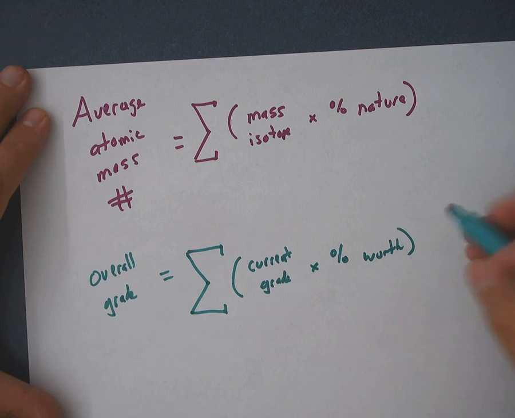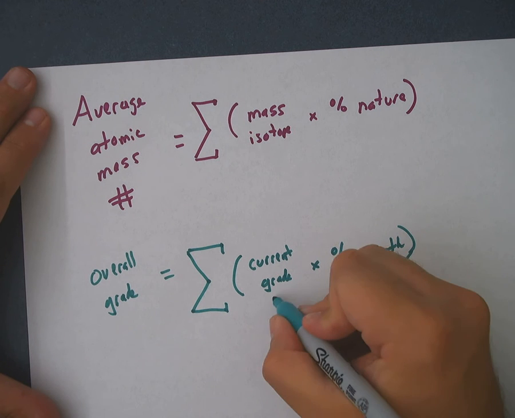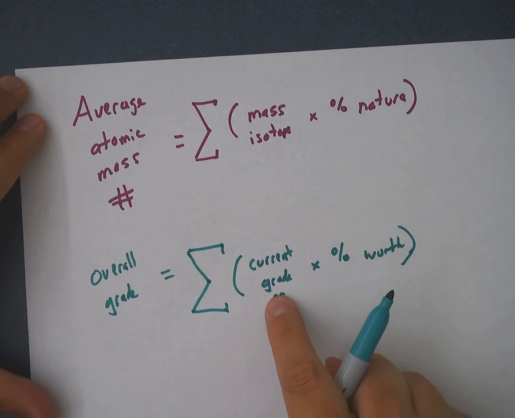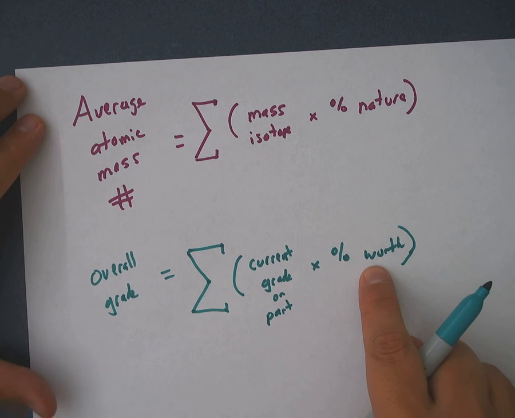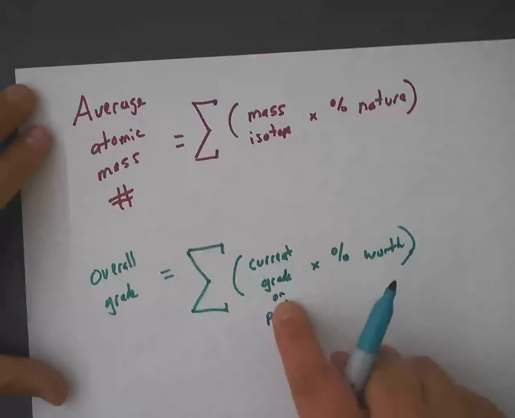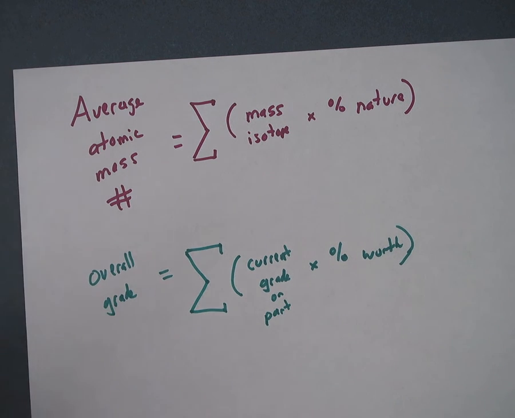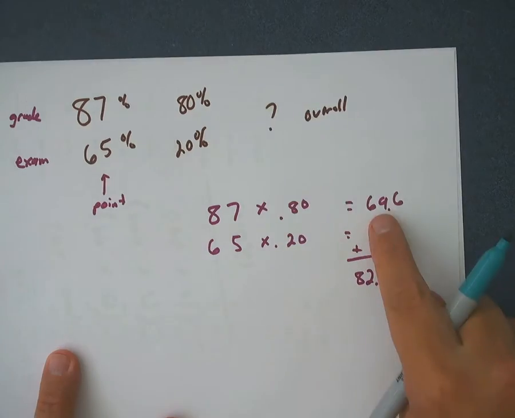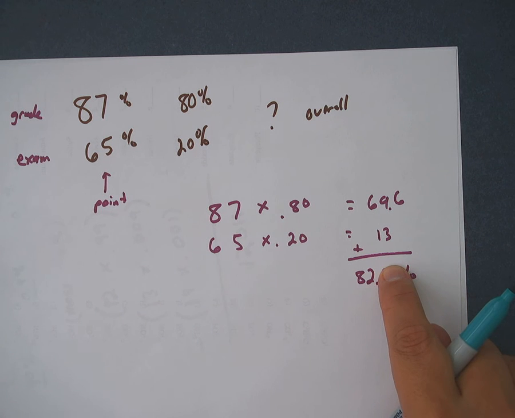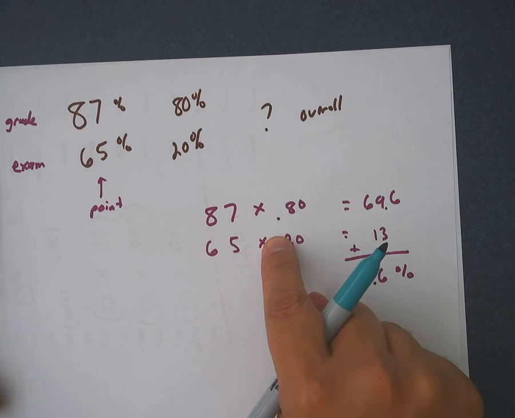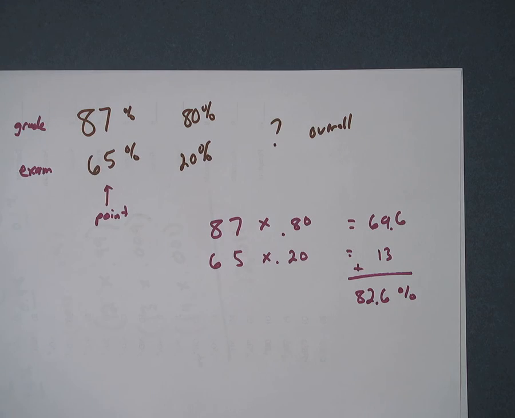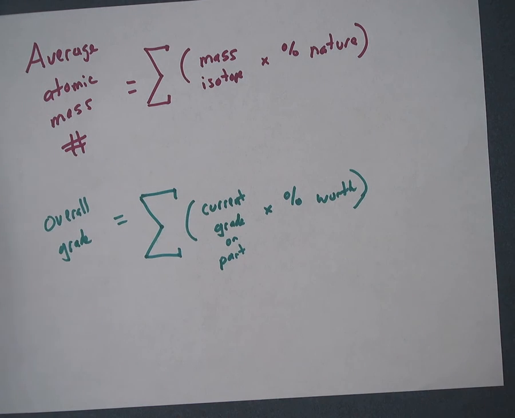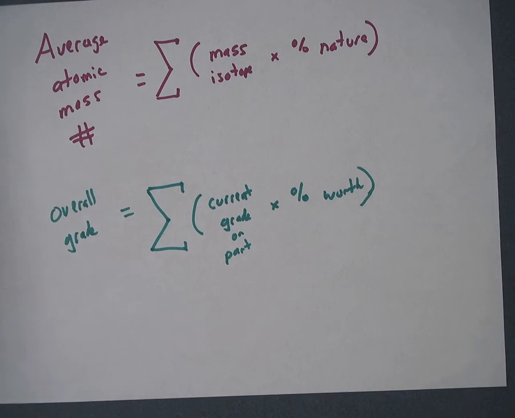So the current grade on one part of the class might be a better way to say it. So if you had an 87% on your daily work, you take how much your daily work is worth, then what you got on the final exam times the percent the final exam is worth. And then the sigma looks intimidating, but that's just this over here where we just added up the numbers. Now this was pretty easy because there's only 2 categories, but if you had 7 categories, you'd have to do a grade on one part times a percent 7 different times before you added it all up.